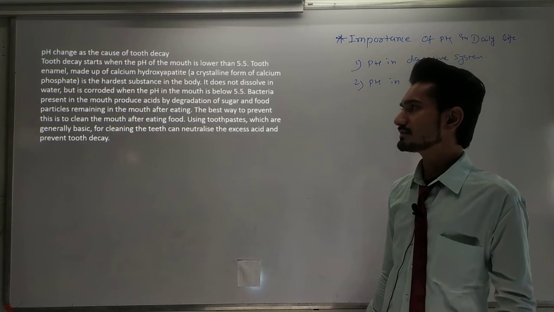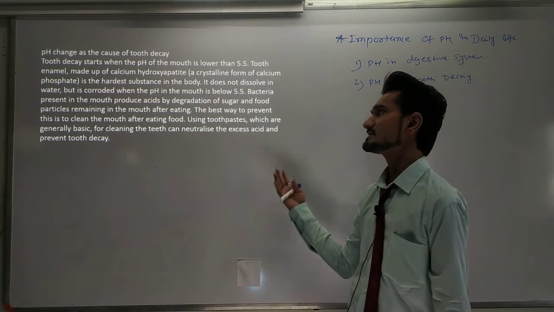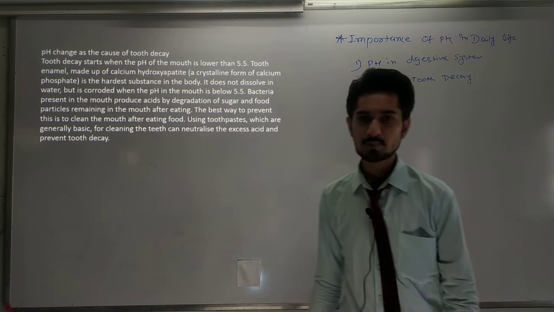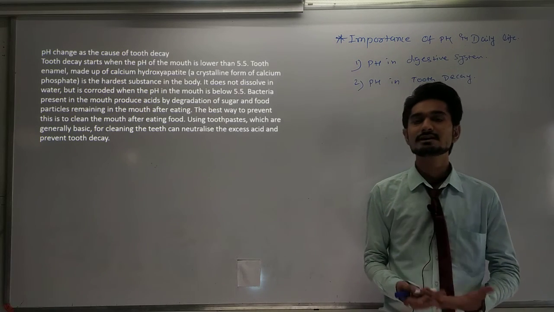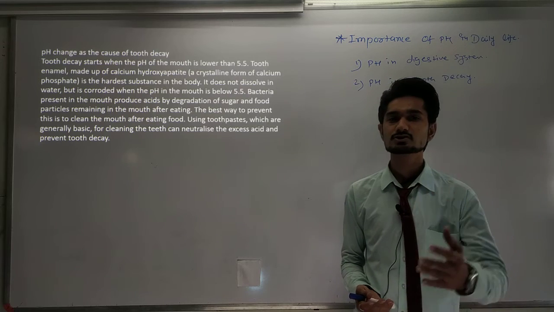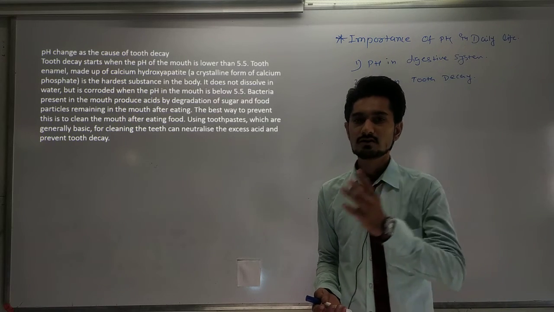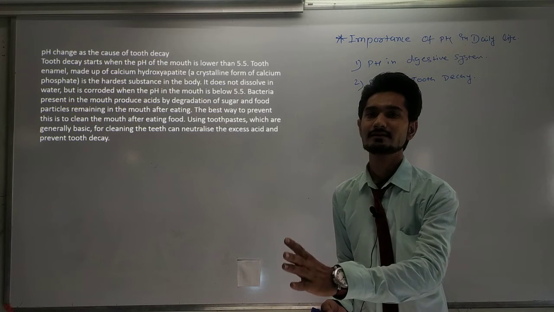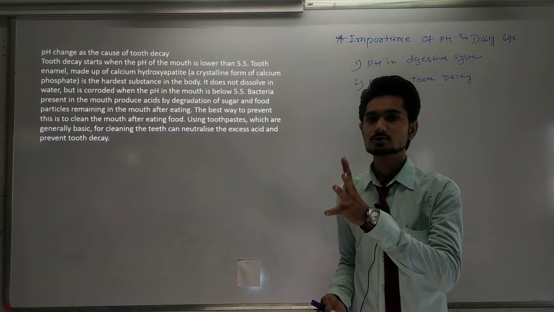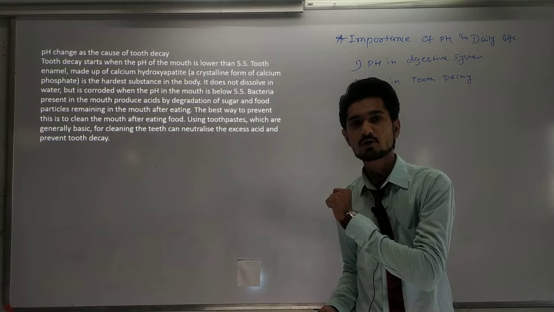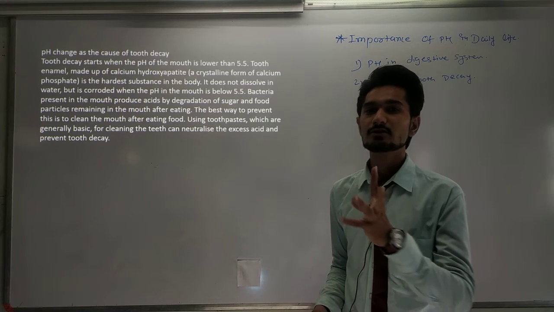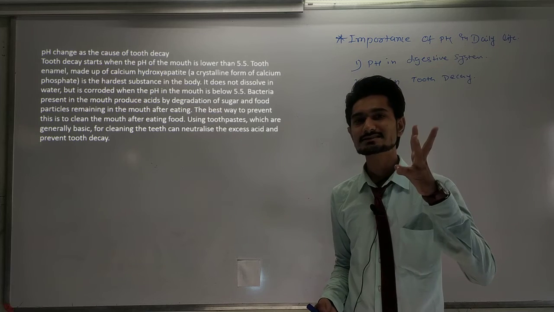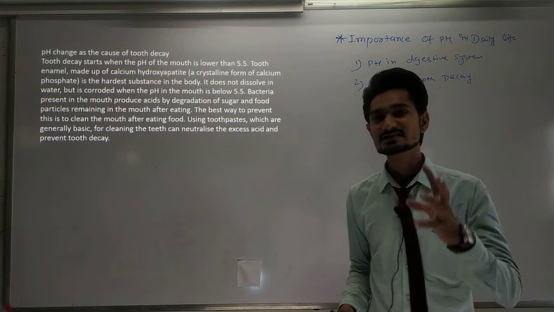It does not dissolve in water, but it is corroded when the pH in the mouth is below 5.5. That's why your mommy or papa will tell you that you have to eat less sugar-containing products, and you cannot eat or drink too many sweet or bitter substances.